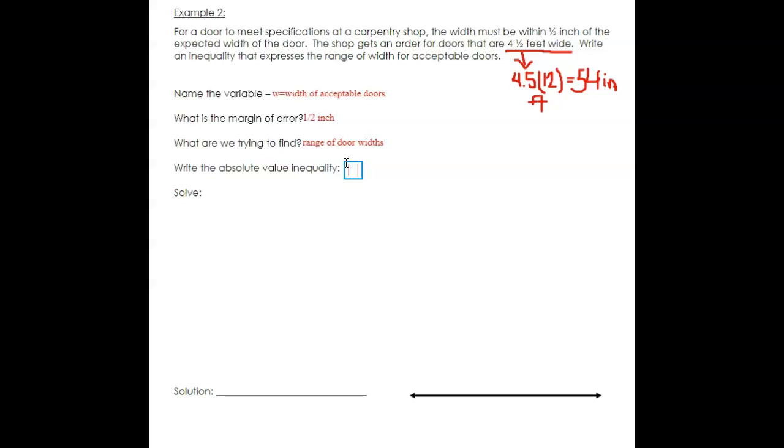My variable w, I'm taking the difference of that variable w, which is the width of acceptable doors, and the width of the doors that are ordered, so 54 inches. And that distance, that difference between acceptable doors and the doors that get ordered, needs to be less than or equal to your margin of error, which is 1/2.